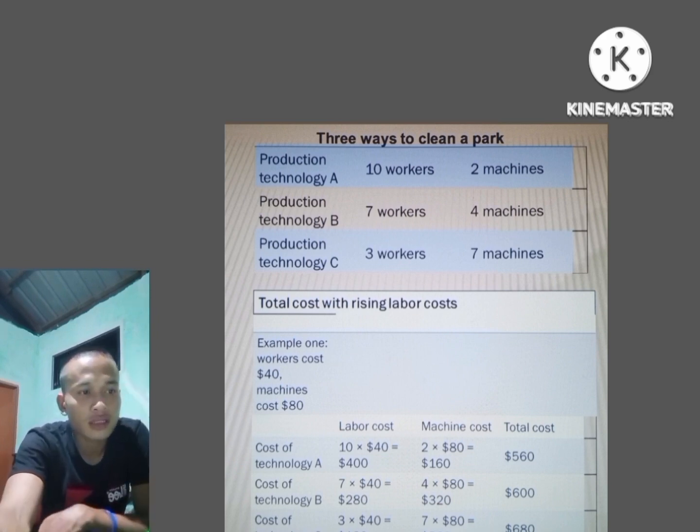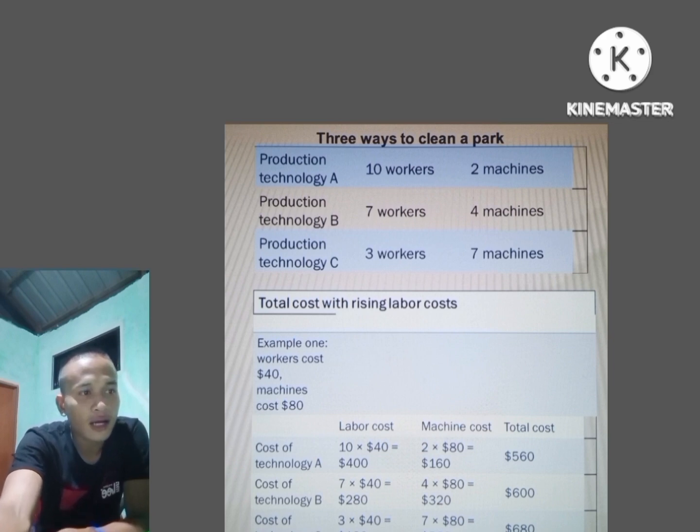The next is the cost of technology C. 3 workers times worker cost of $40 equals $120, and the machine cost is 7 machines times machine cost of $80 equals $560.